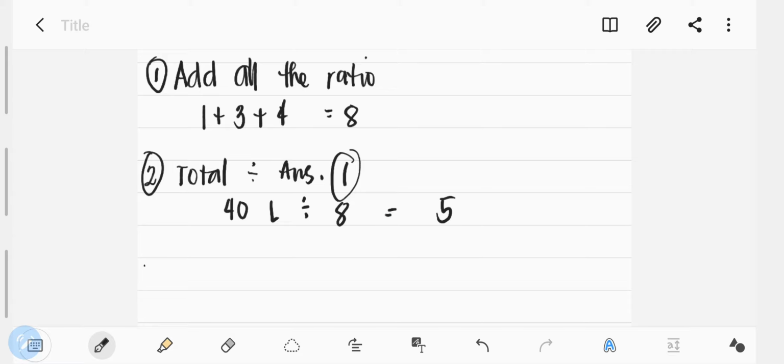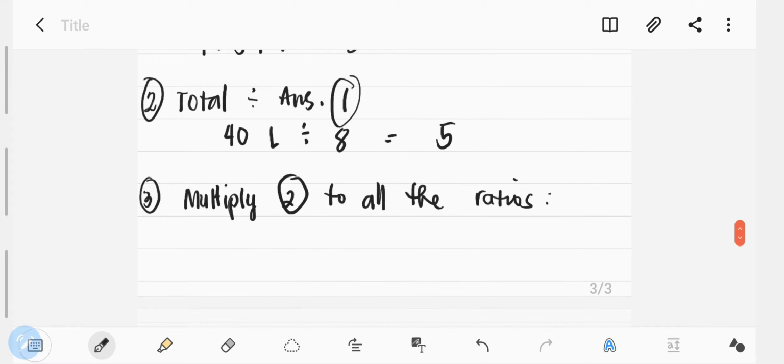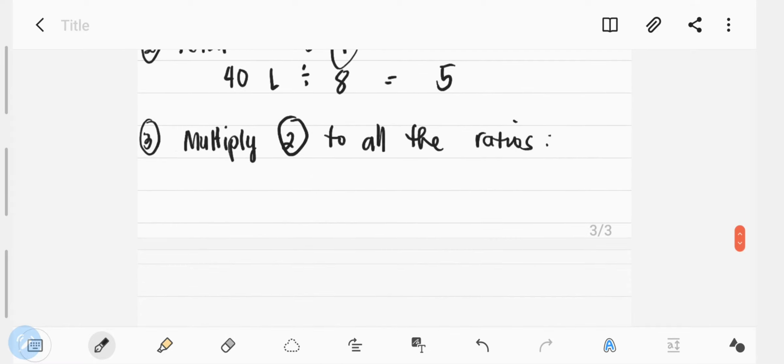And then, step 3, multiply the number from step 2 to all the ratios. So, that's 1:3:4, right?